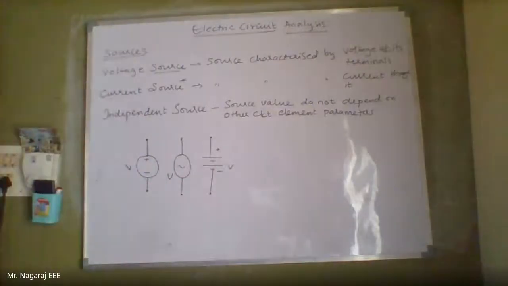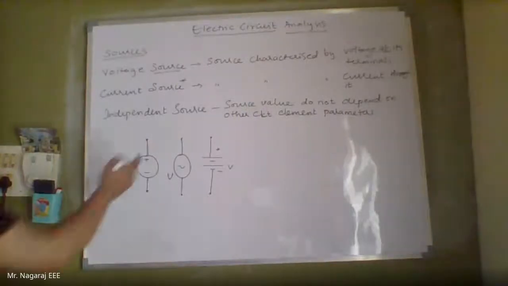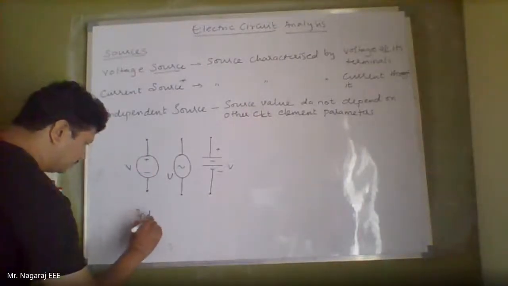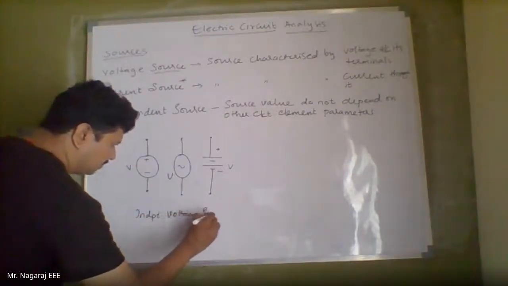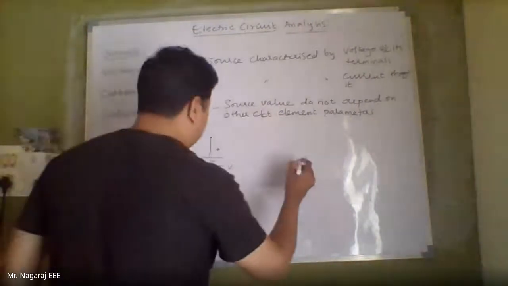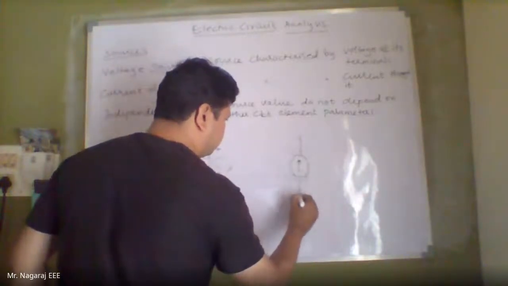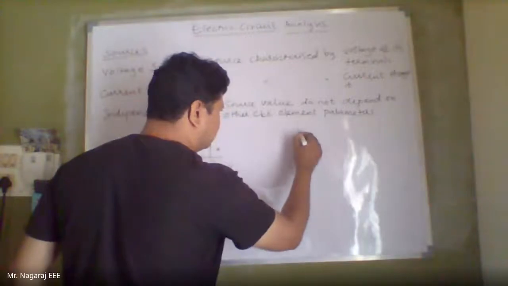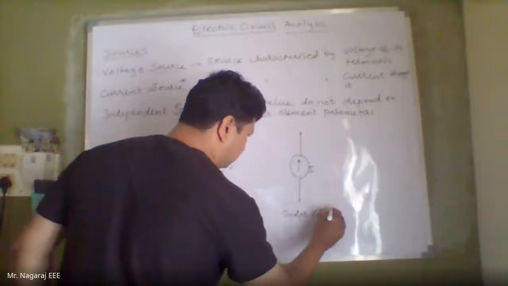These are all independent voltage sources. This is I, an independent current source.